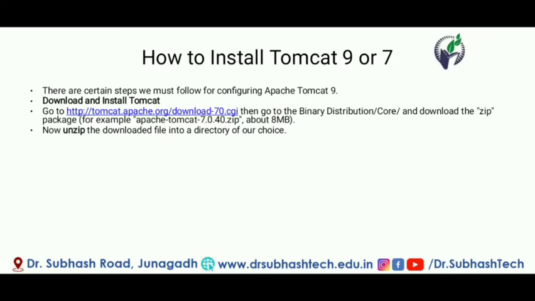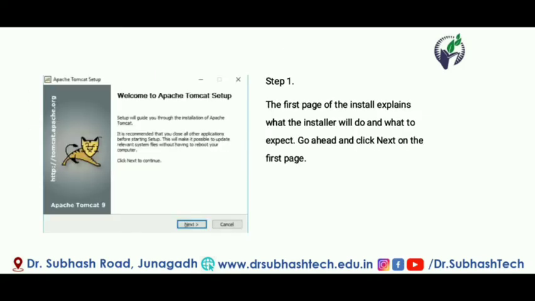Generally we use Tomcat 9 or Tomcat 7, but for the best output we use Tomcat 7. You can download Tomcat 9 or Tomcat 7, then unzip that file, and after unzipping the file you can install Tomcat.